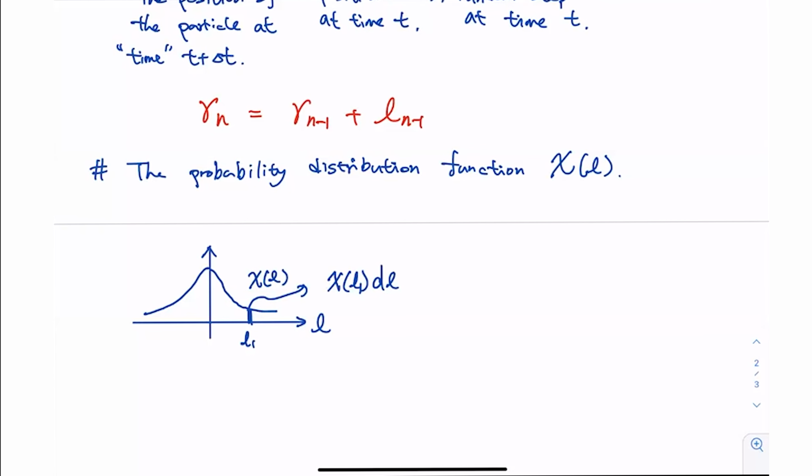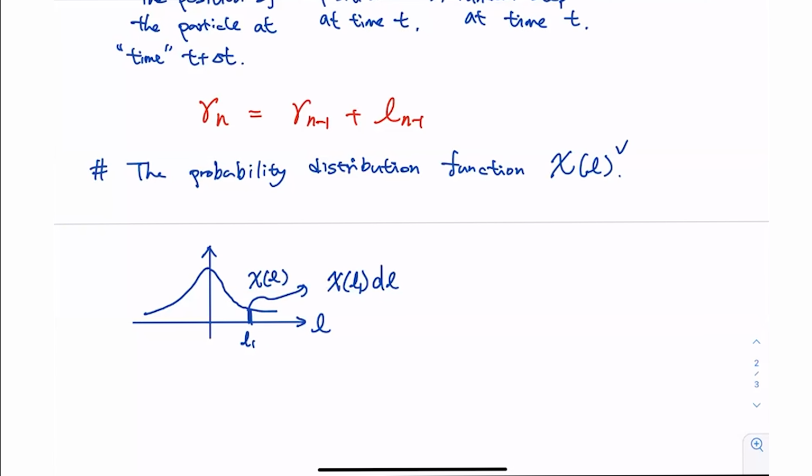Here we try to formally express the probability distribution function chi of L, and then we do things in a backwards fashion. Usually you get a probability distribution function, then you evaluate the average value and the variance, but now we are going to do it the opposite way. We assume that the probability distribution function has a specific average value and some specific variance, and then we start from there and see what kind of conclusion we can get.